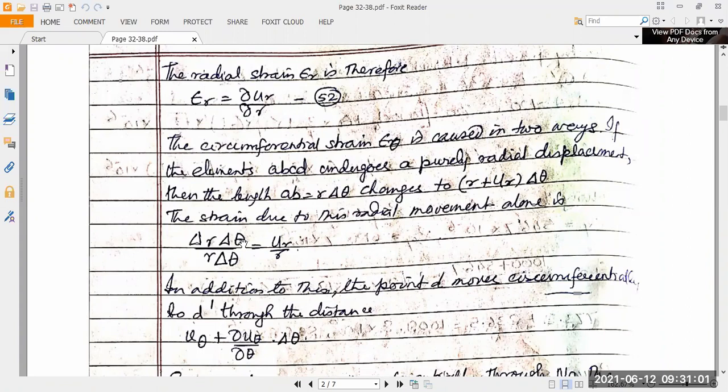Ur into delta theta divided by r delta theta, so ur divided by r. This is the circumferential strain due to the radial movement alone.